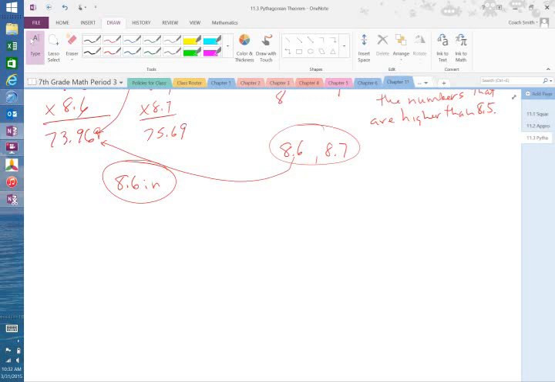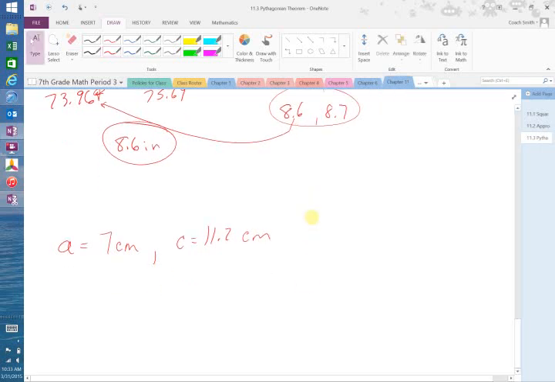Let's say they do this. Let's say that they give us A is equal to 7 centimeters. C is equal to 11.2 centimeters. You gotta love that. Okay. So, they didn't give us a triangle. They just listed out the lengths. Okay, you do it the same way. Everything stays the same.